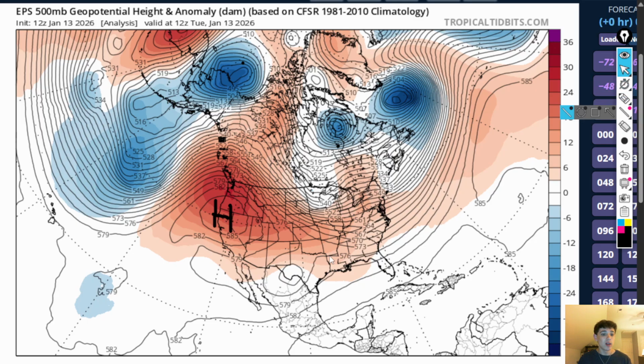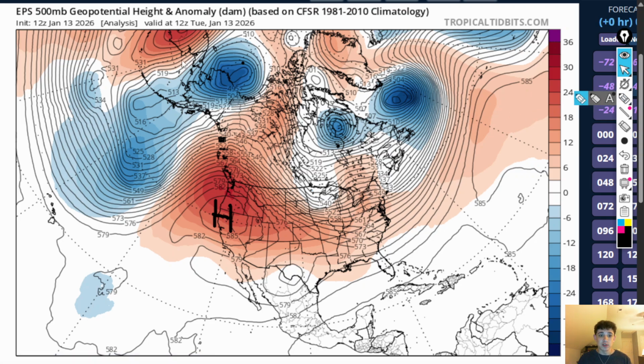Even though this is well up in the atmosphere, this plays a very crucial role in what happens at the surface. So these reds are above average temperatures and above average pressures, and these blues are lower pressures, which are typically colder air and a more active weather pattern.